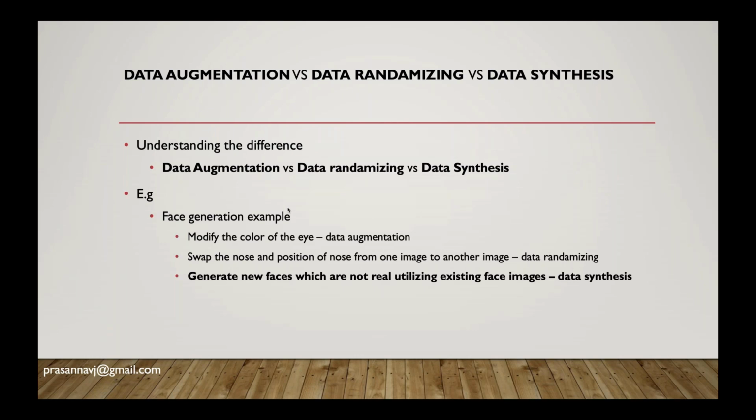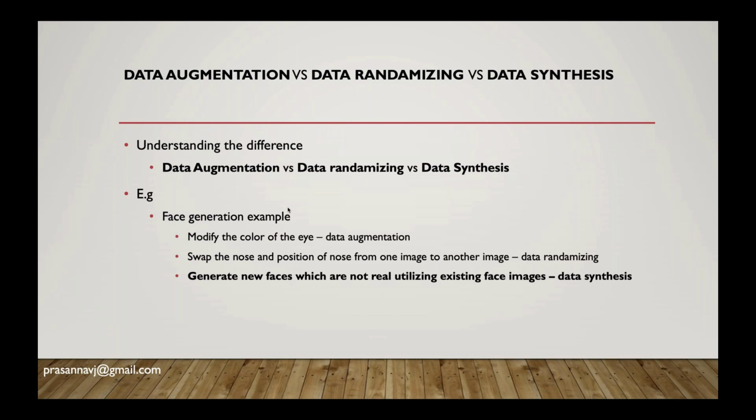For training this particular model, you could have a lot of source photographs of the people. If you take the source photographs of the people, and modify, say, a person's color of eyes and use that as another data set, that is an example of data augmentation.